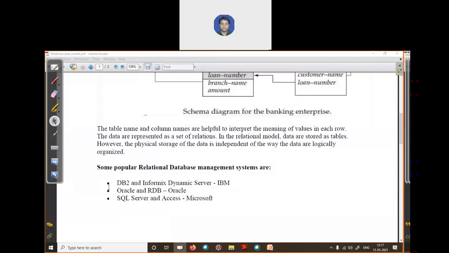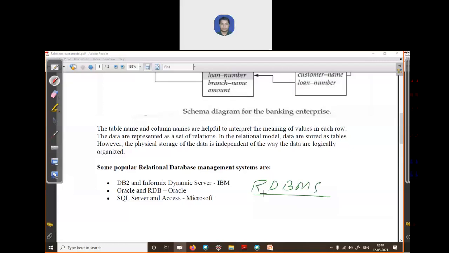Some examples of popular relational data models we currently use are DB2 by IBM, Oracle and Rdb by Oracle, and SQL Server and Access by Microsoft. These are some popular relational data models. The relational data model is also called RDBMS, if you have heard this term.